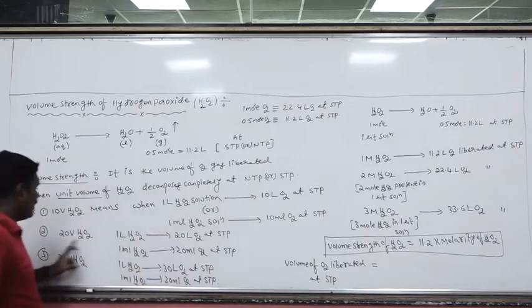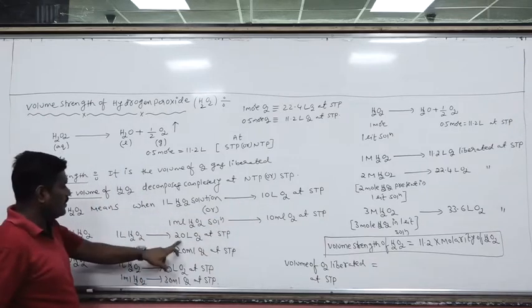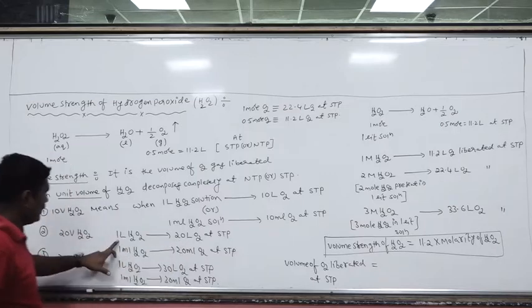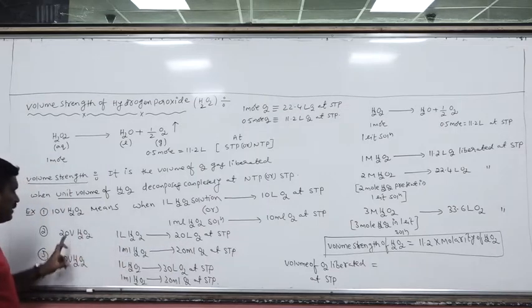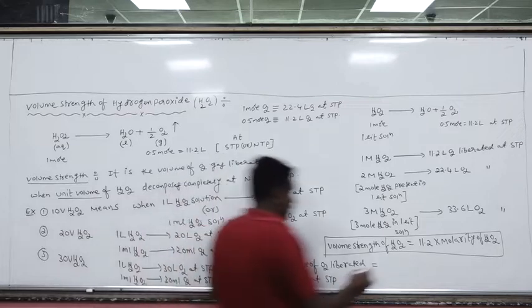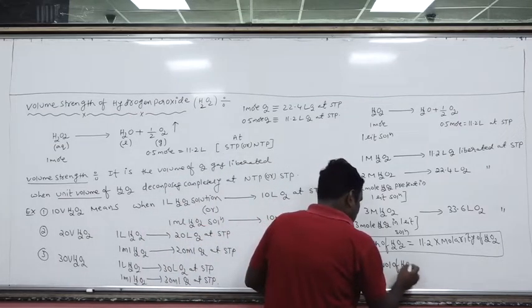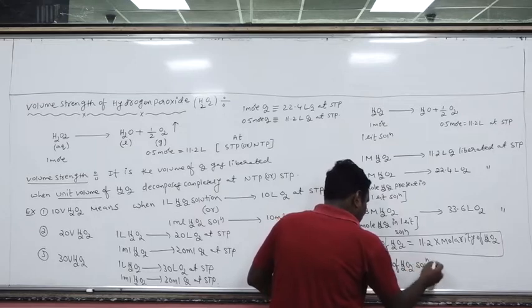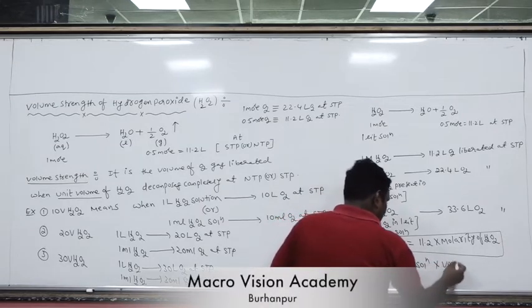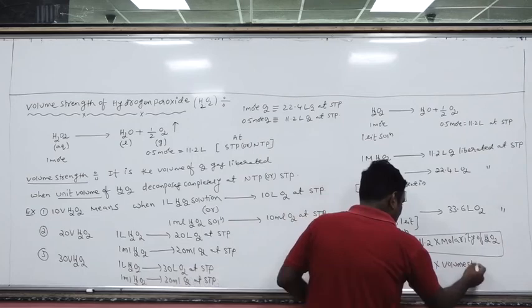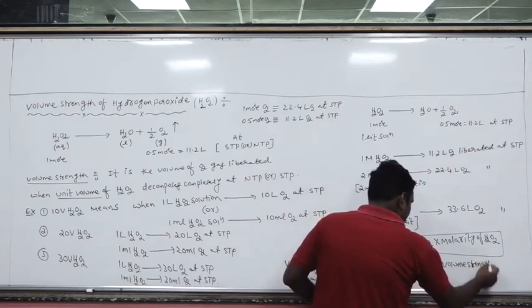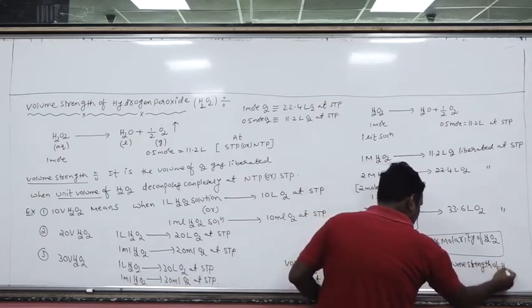Let's suppose 20 volume H2O2, here the volume of O2 liberated is nothing but the volume of H2O2 solution multiplied by the volume strength. So what I am writing here: volume of O2 liberated equals volume of H2O2 solution multiplied by volume strength of H2O2.